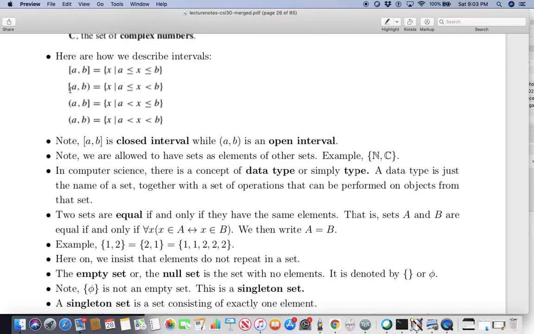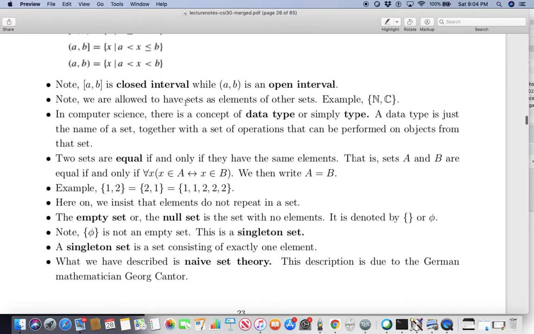So [a, b) is the set of all those x's such that a ≤ x and x is strictly less than b. (a, b] is the set of all those x's such that a < x and x is less than or equal to b. (a, b) is the set of all those x's such that a < x < b. Note, [a, b] is a closed interval while (a, b) is an open interval.